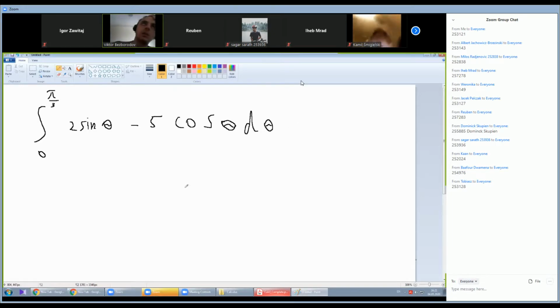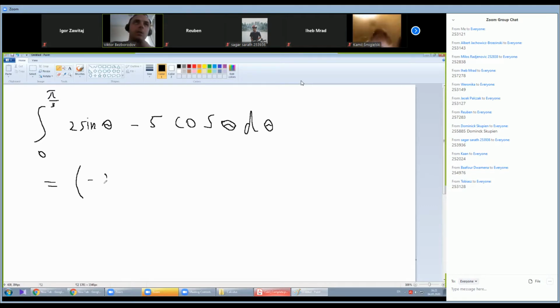This one I think is also pretty straightforward. We just need to remember the antiderivatives of the trigonometric functions. The antiderivative of sine is minus cosine.